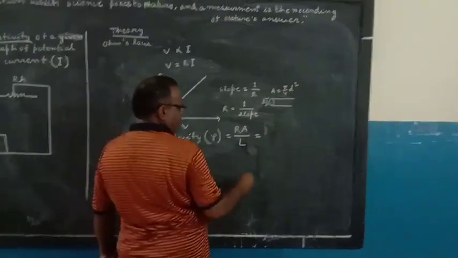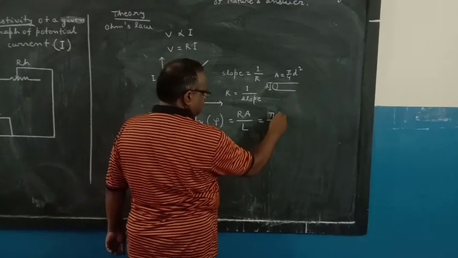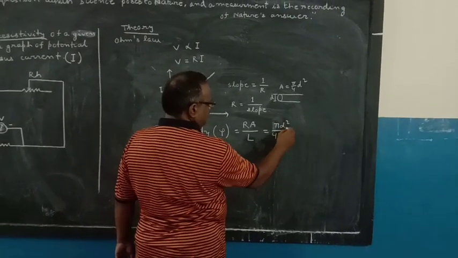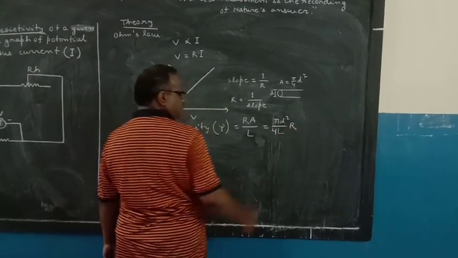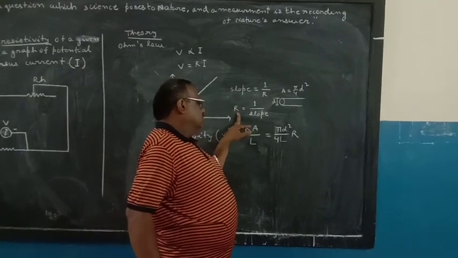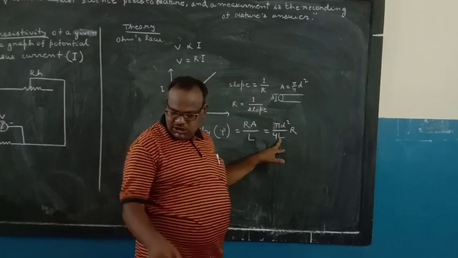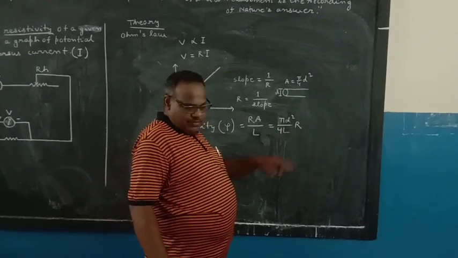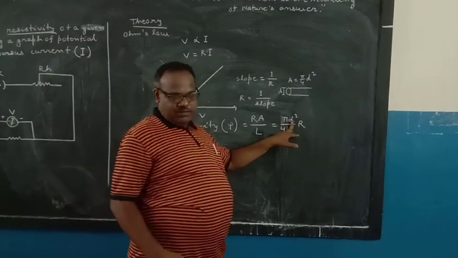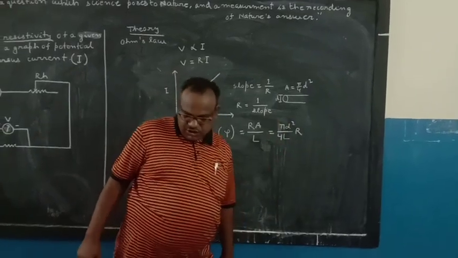So rho can be written as pi d square R divided by 4 L. So you can find the value of R by plotting the graph. Length can be measured with the help of the scale. I have taken 1 meter length, and small d, that is the diameter, can be measured by the screw gauge. So these are the things.